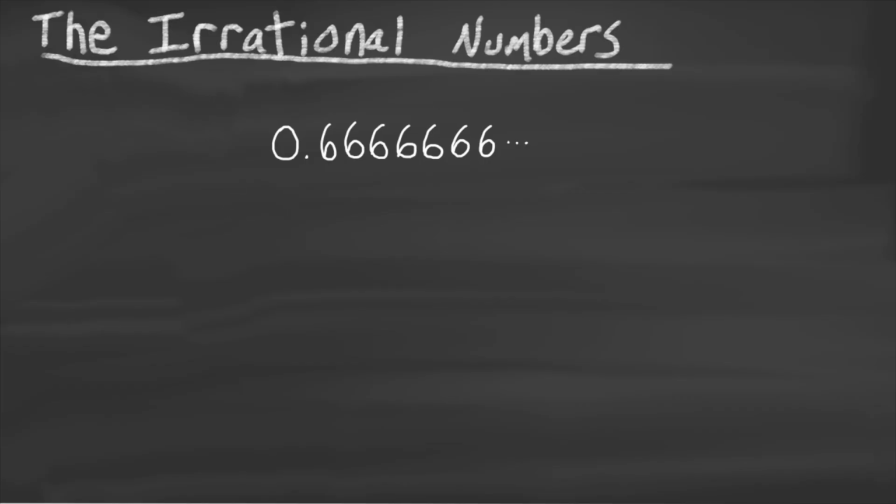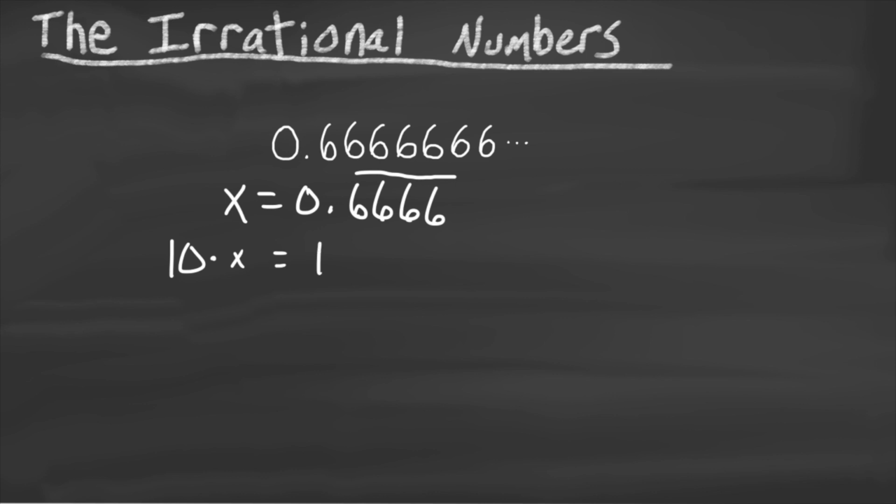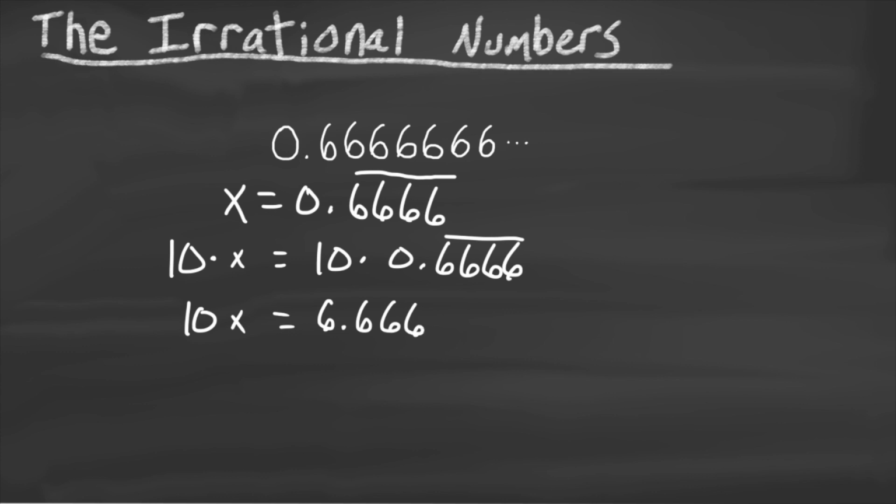If you take the variable x and assign it the number 0.6666 repeating, you could times both sides by 10, so 10 times x equals 10 times 0.6666 repeating. On the left-hand side, you just get 10x. On the right-hand side, you get 6.666 repeating.